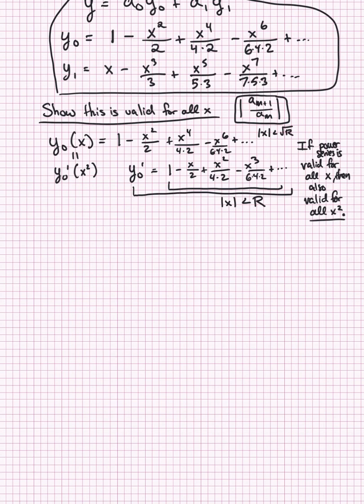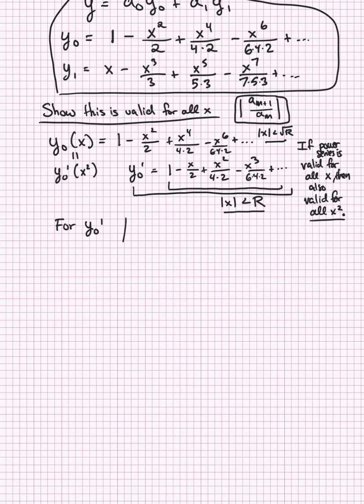So you do have to be careful if the radius of convergence is finite, because when you square something, it does change what the values of this function can be. On the other hand, if this is valid for all x and r is infinity, then this one will be as well.